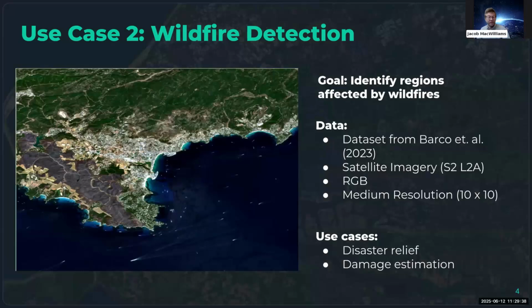I'm a data scientist at FlyPix AI, and I'm going to introduce another use case, that being wildfires. As Enrique already mentioned, there are two major differences in this use case. Of course, we're detecting something different, but with that we're going to be using a different model, so segmentation models.